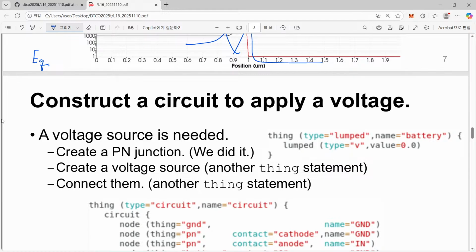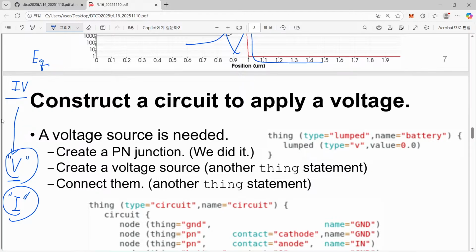Then what is the performance? That is nothing but IV characteristics. Then how can you calculate these IV characteristics? You must apply a certain voltage to your terminals and measure current as a function of voltage. That is required. This is the excitation, and this is the result of your excitation.